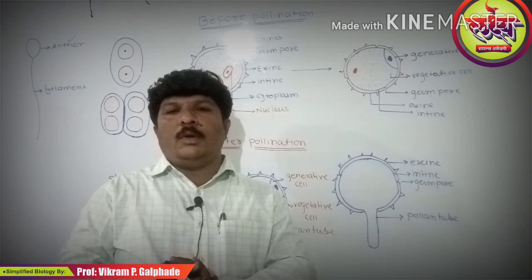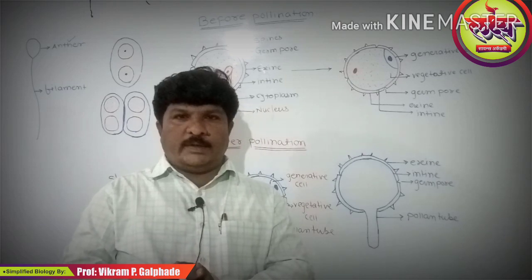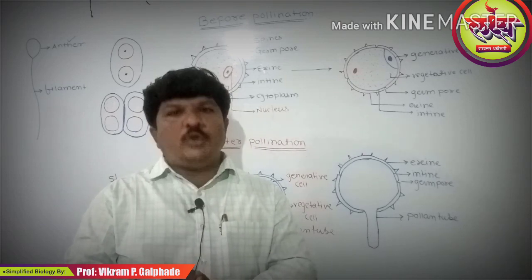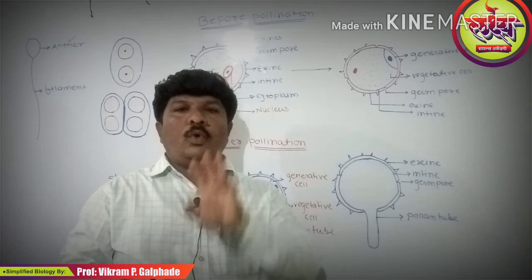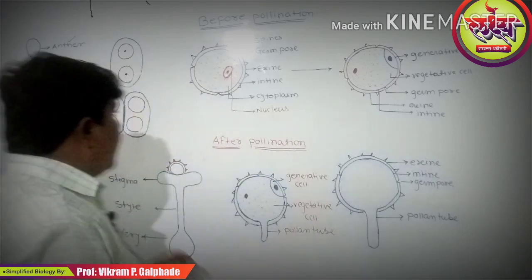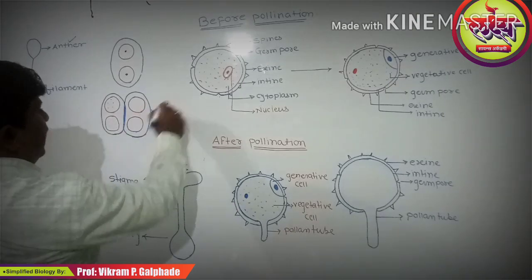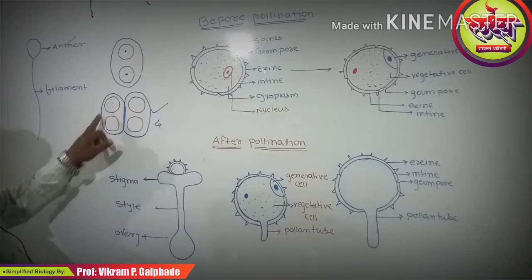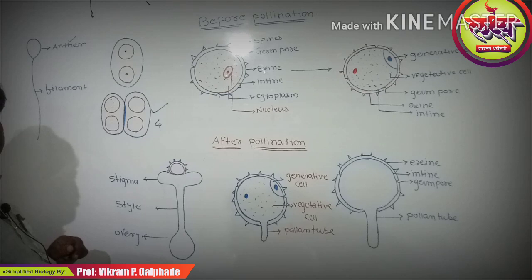Each lobe consists of two pollen sacs. A monothecous anther has two pollen sacs and a dithecous anther has four pollen sacs, like this.